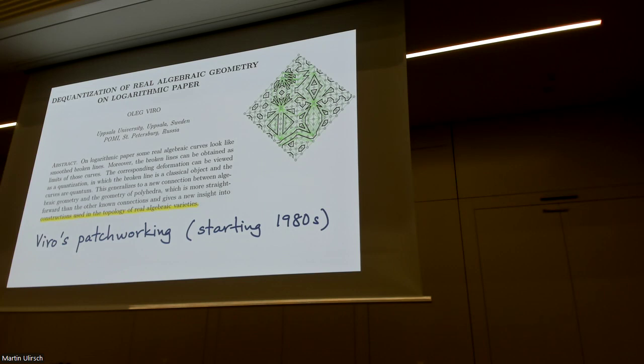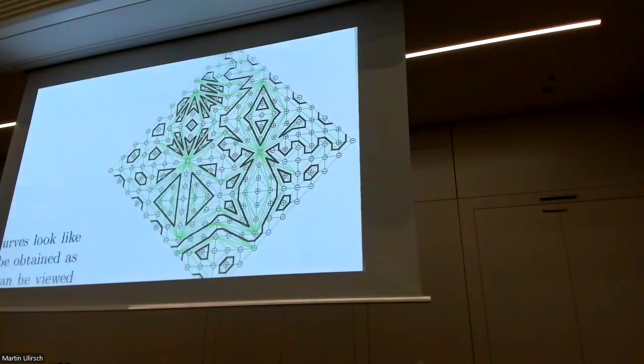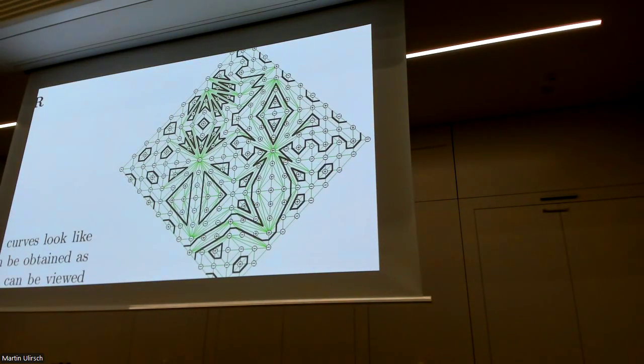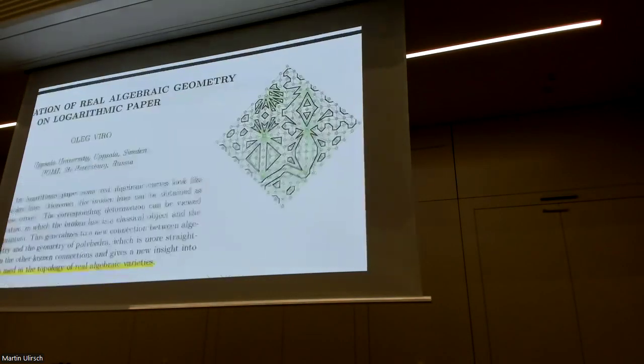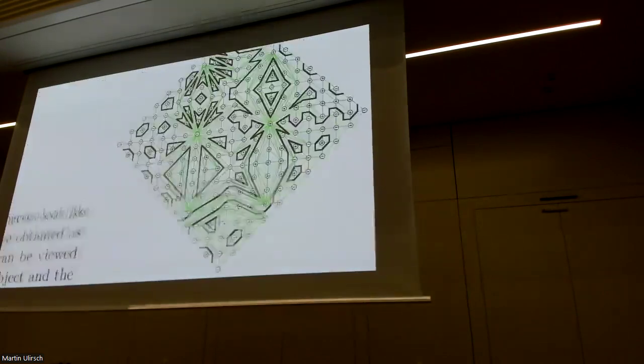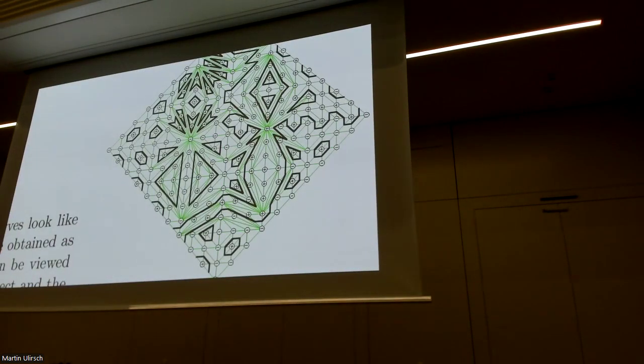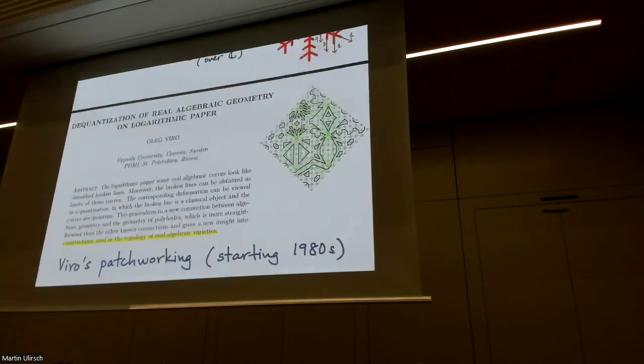Viro's theorem is that if you can construct this tropical picture with this configuration of piecewise linear ovals, then you can construct an actual real algebraic curve with the same topological configuration. So this is one motivation. You may notice that these do not satisfy the balancing condition because we are looking at real versus complex. Real things do not need to satisfy the balancing condition.